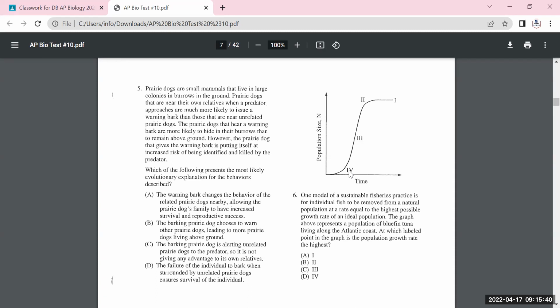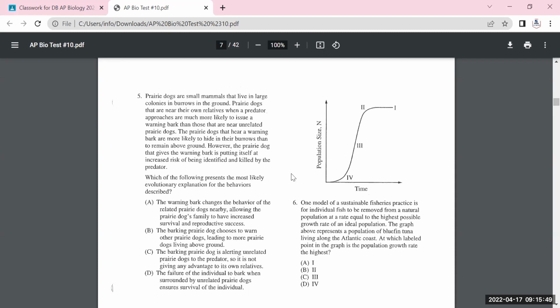So again, let's go through. The warning bark changes the behavior of the related prairie dogs nearby, allowing the prairie dog's family to have increased survival and reproductive success. This is very likely what is happening.